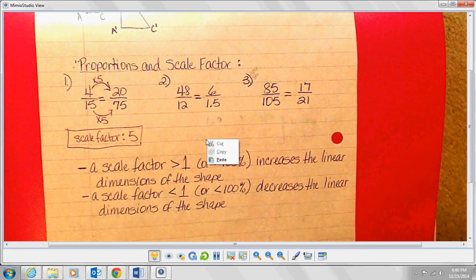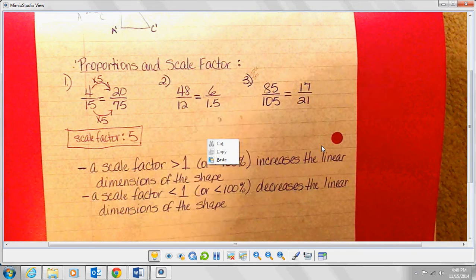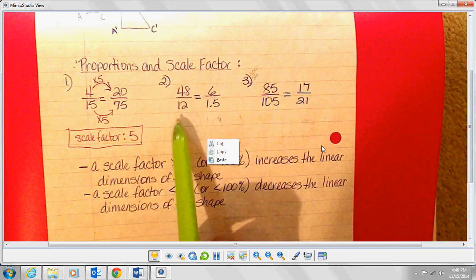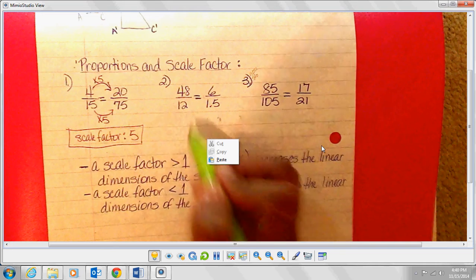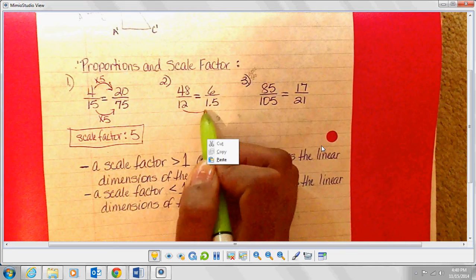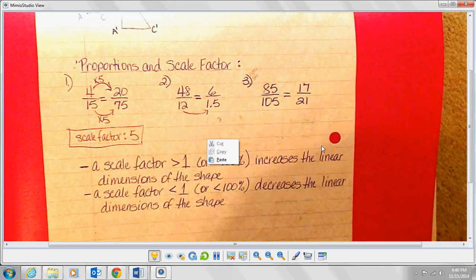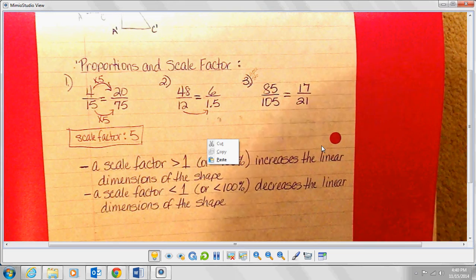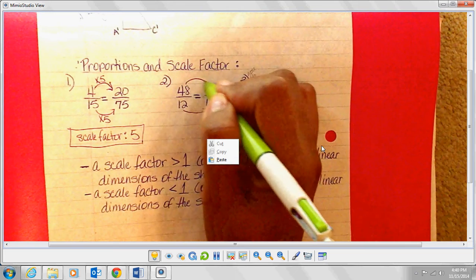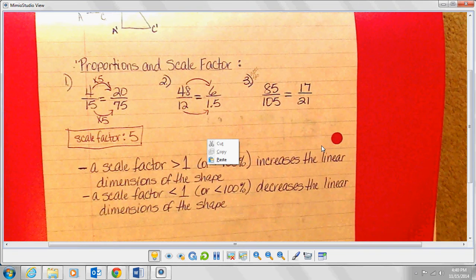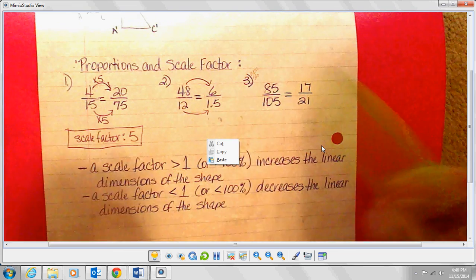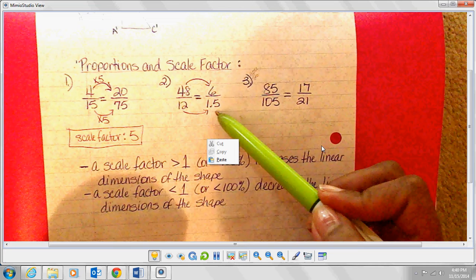Okay, and the second problem, this time I see the larger numbers are on the left side. So as I move from the left to the right, I see that they're getting smaller, which means usually I would be dividing, right? So if I'm dividing, that means I'm going to be multiplying by what? A fraction, that's right. Now, I know that this decimal down here is just throwing you off.